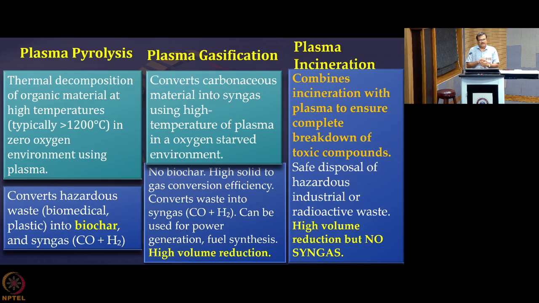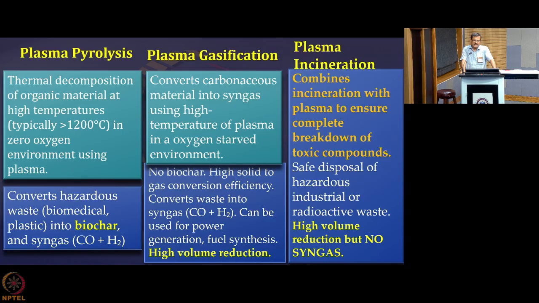If you are able to clean it enough of carbon particulates, it can work exactly like compressed natural gas, and you can run engines using that. And the most significant thing is the volume reduction. You are able to reduce the volume almost 100% here.